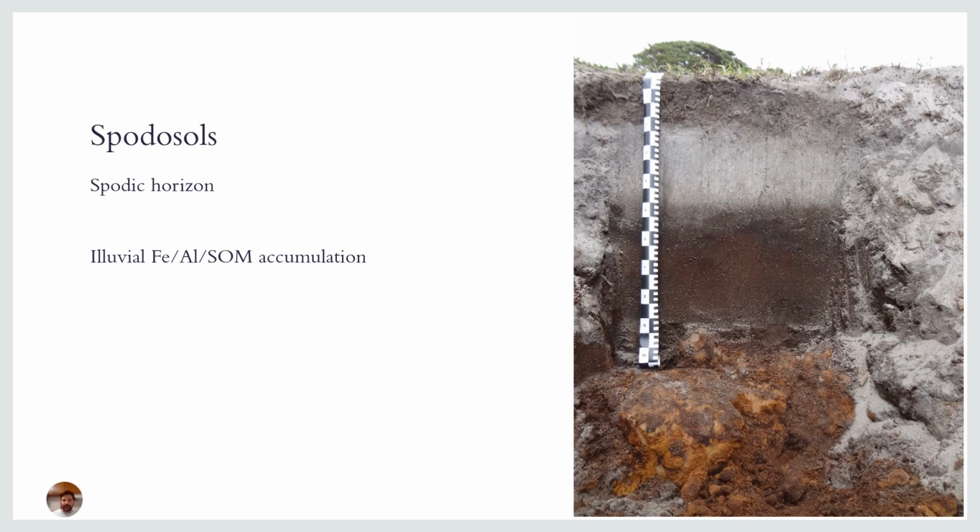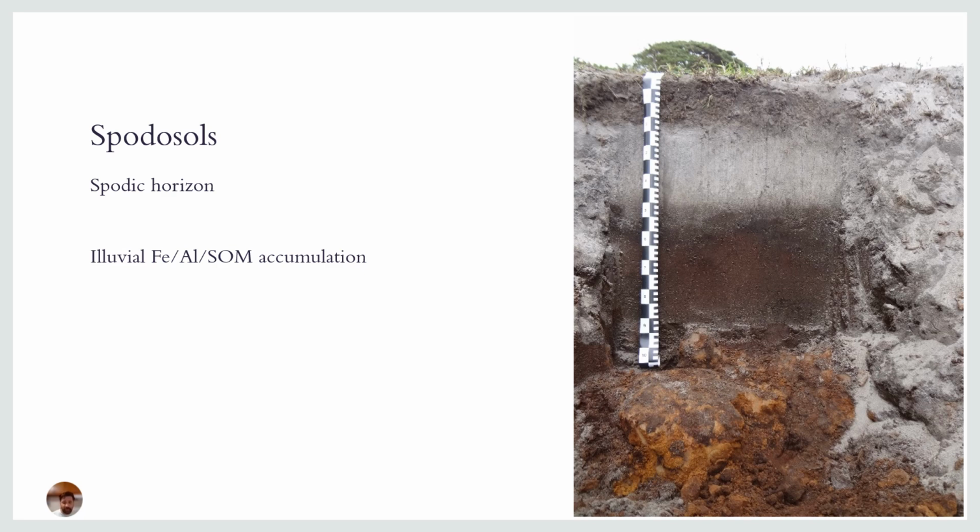Okay, so they express migration of organic matter from the surface, from the A horizon or the E horizon, and these materials concentrate in a specific B horizon.